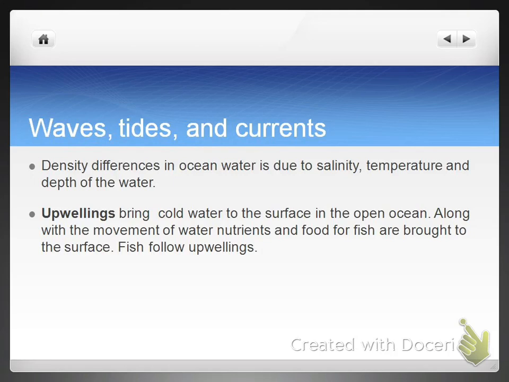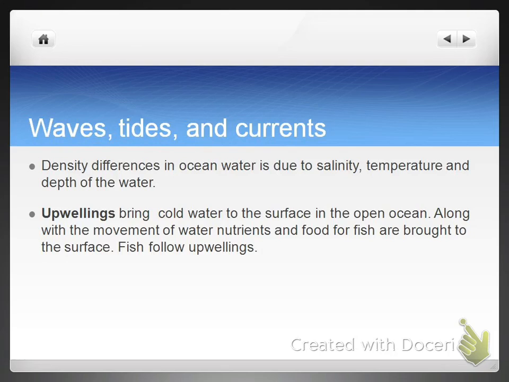And upwellings, as the movement of cold water gets pushed into the surface, and I'm not talking about to the very top, but to more surface waters, as that comes out in the open ocean, they're going to bring up this dead, decaying nutrient matter from the seafloor. And that's going to act as fertilizer for phytoplankton.